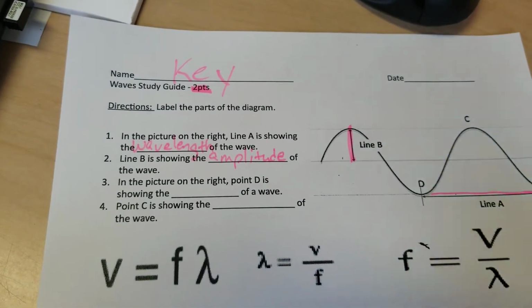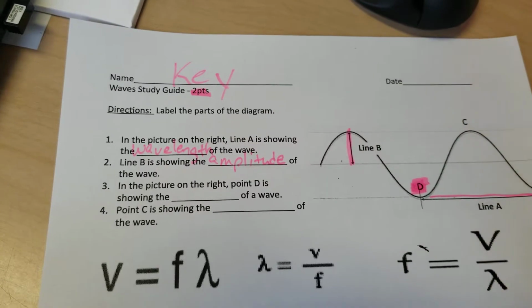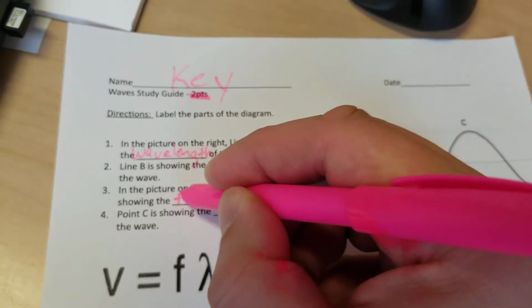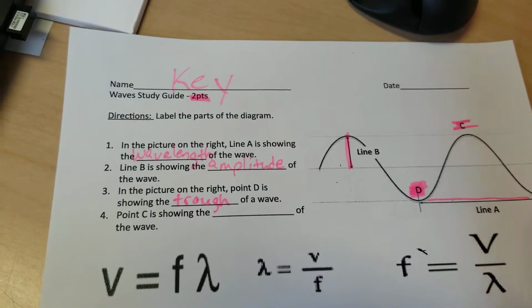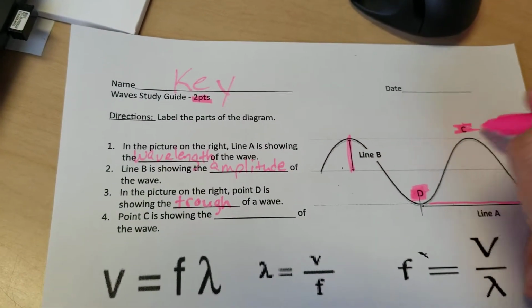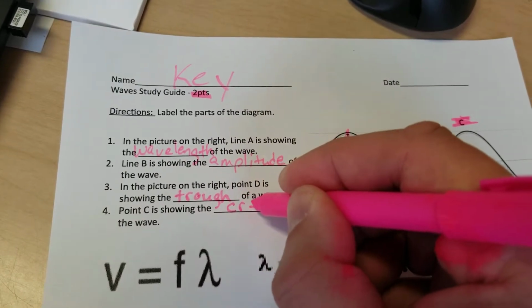Okay. Point D, bottom of the wave, it's going to be your trough, T-R-O-U-G-H. Point C, top of the wave, that is showing the crest.